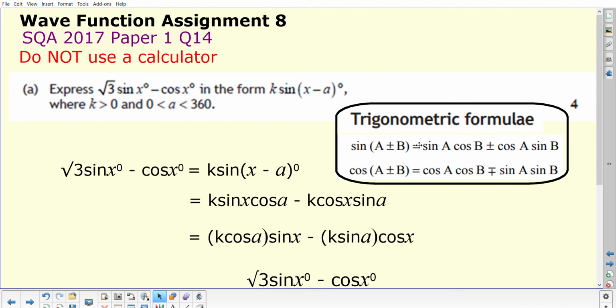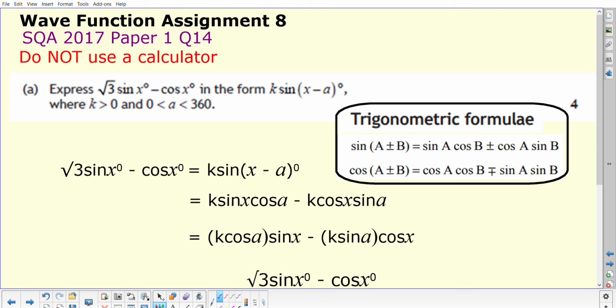So a minus inside the bracket means it will be a minus when you write out the two terms, so it'll be minus cos a sine b. So for us, in terms of our a and b, we've got k sine x cos a, and then your minus sign, k cos x sine a.